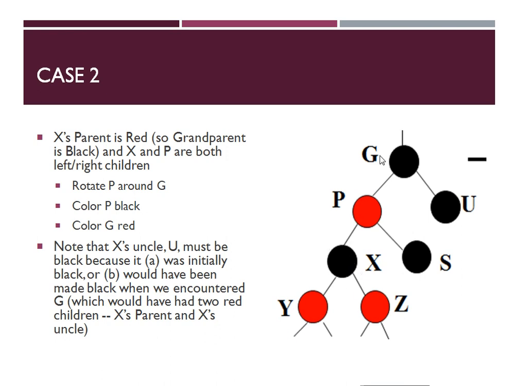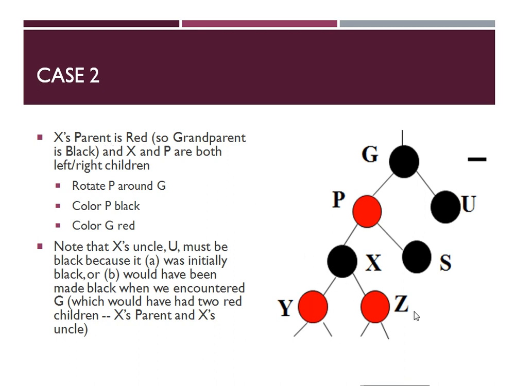Now here, at this point, this is the extension of the tree. We have to look further in this case. Now, X parent is red. So here we'll have to check the grandparent's color. X parent is red.